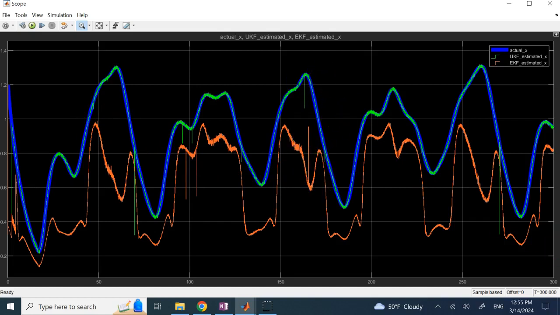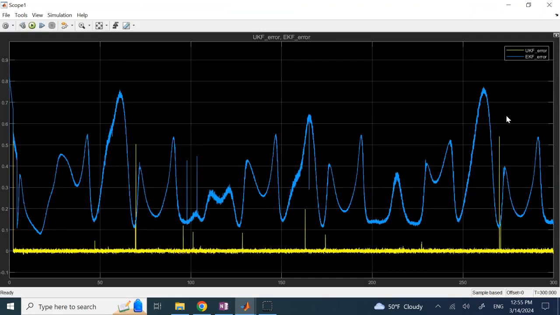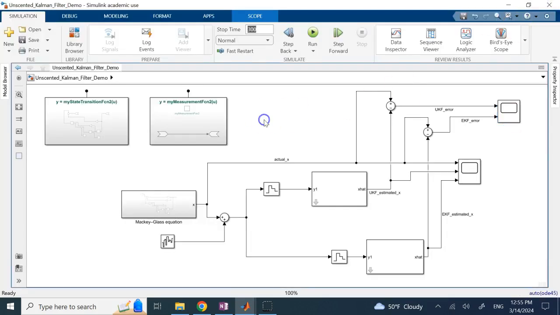These are the effects of delay, so they are kind of like outliers that you can ignore. But clearly you can see that UKF is doing a way better job than EKF. And if you look at the error also, you can see that the EKF error is way higher than the UKF error. So you see that my unscented Kalman filter is doing a better job than the extended Kalman filter.